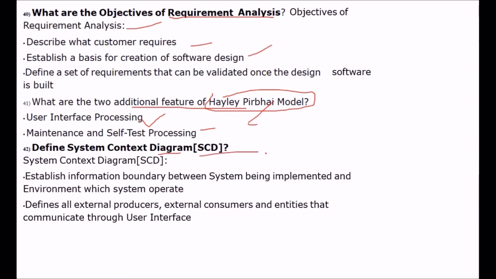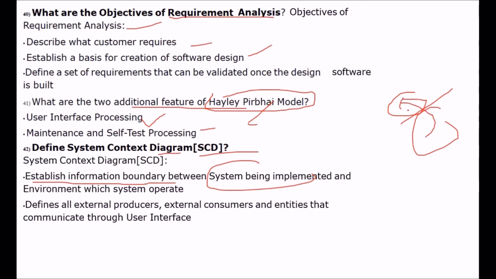This is the system, this is the environment, so there has to be some boundary. It defines the boundary, and how these external producers, consumers and all entities communicate, the interface also, is defined by the system context diagram, SCD.